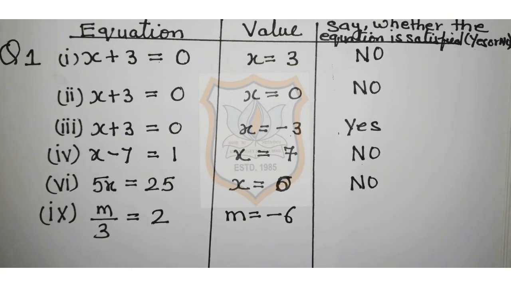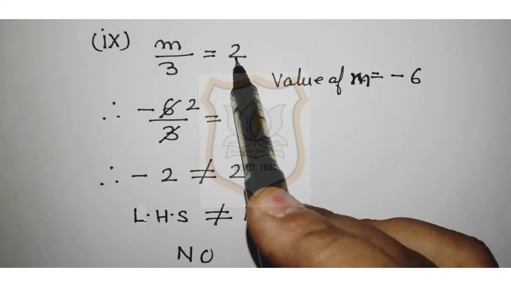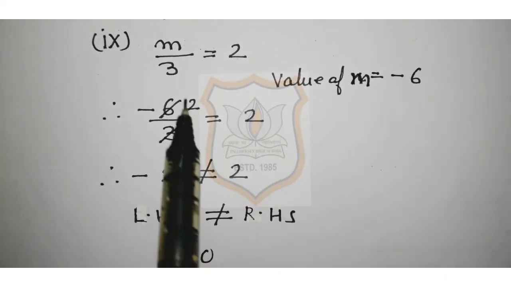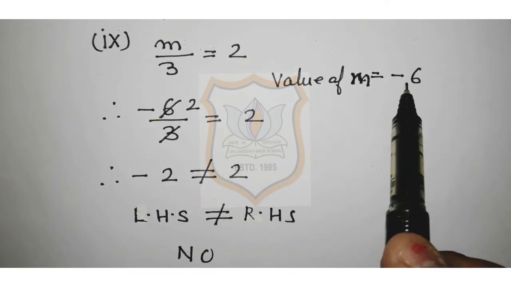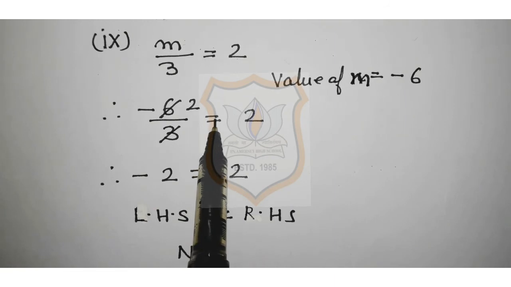Now students, we will solve ninth part, that is m upon 3 is equal to 2 and value of m is equal to minus 6 given. In place of m I will write minus 6. So minus 6 upon 3 is equal to 2.